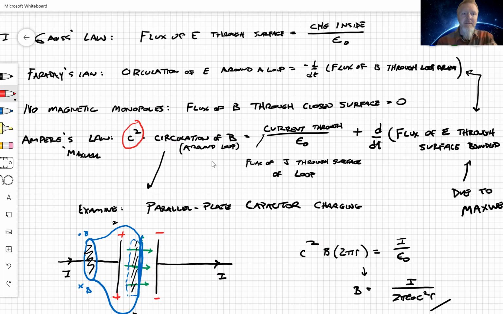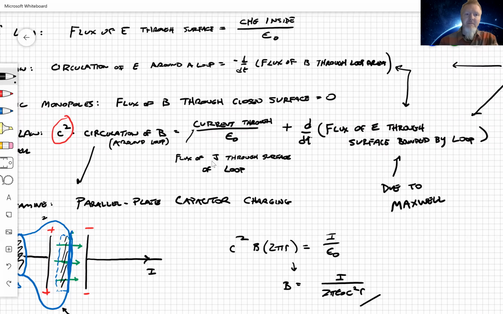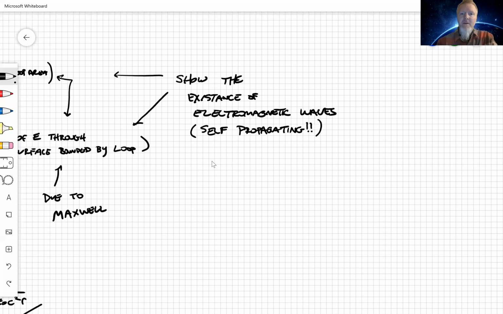It's that one. These things travel at the speed of light. They travel at the speed of light c.